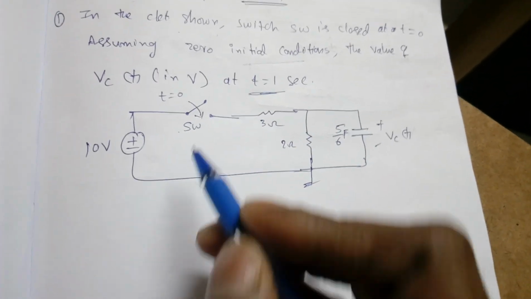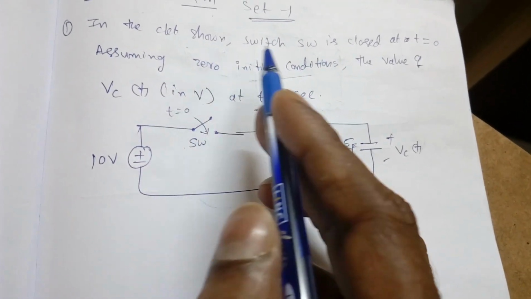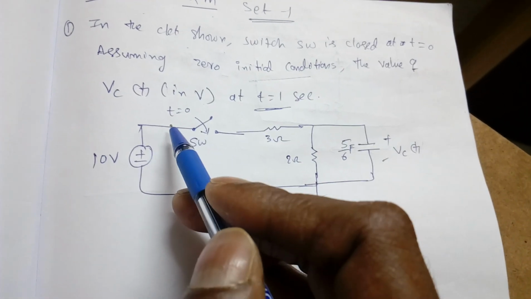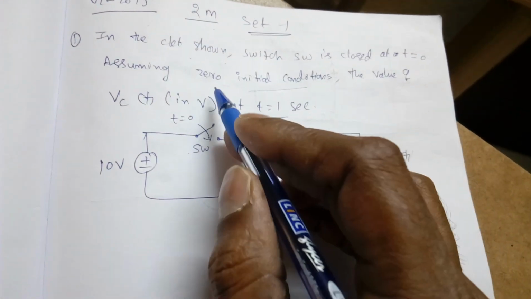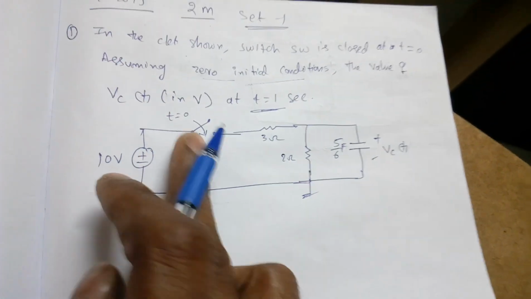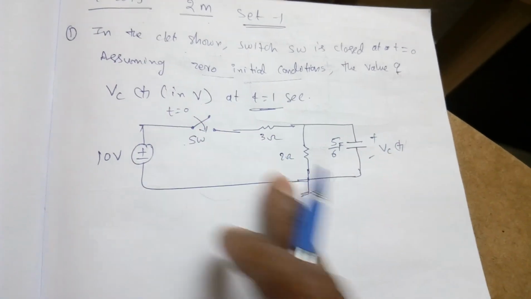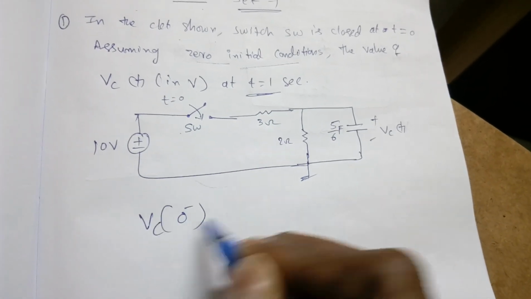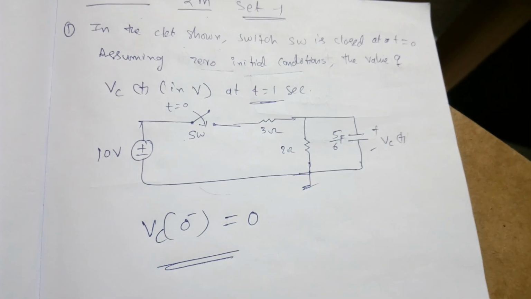Now he said whenever the switch is closed at t equal to 0, that means it is open at t equal to 0 minus, and he said initial conditions are 0. That means whenever the switch is open, the source is not connected to this RC network. So I can directly take Vc of 0 minus equal to 0.